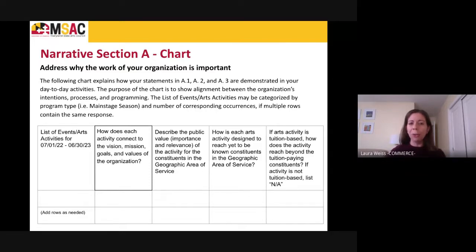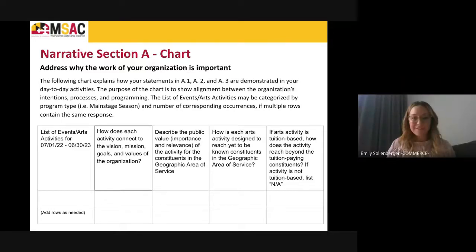How are you reaching out to those that are not coming to it already? So it could be marketing strategies, promotional strategies, partnerships, any of those types of things, how you are really engaging with those that aren't currently a part of the audience or the group that you're serving right now. How are you reaching them? That's really what we're looking for there. Emily, anything else you would add to that? No, but I think you've got it.